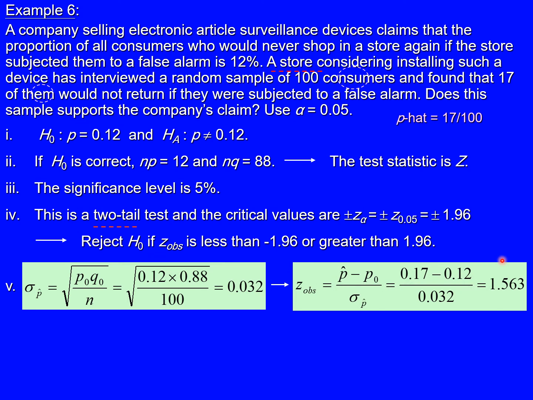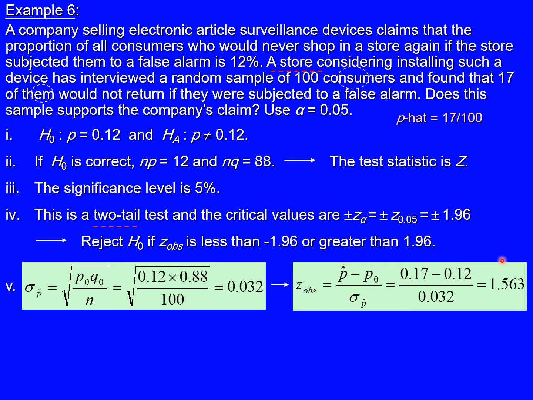Using this standard error, we can calculate the observed value of Z, which is p hat minus p naught over the standard error. That equals 0.17 minus 0.12 over 0.032, and the result is that the observed Z equals 1.563.